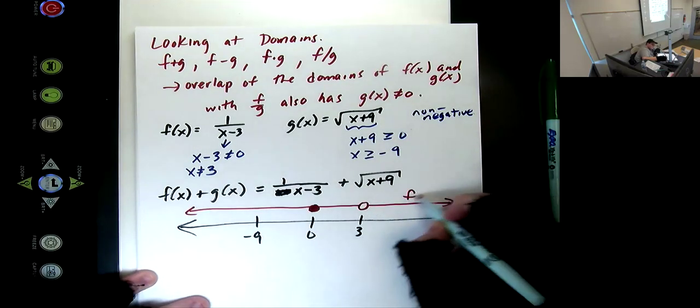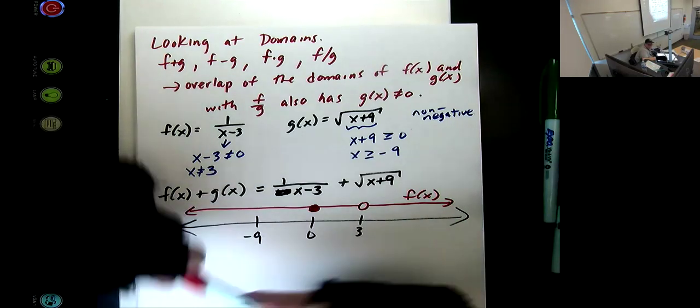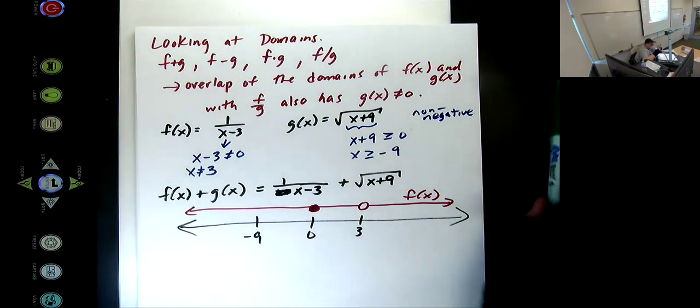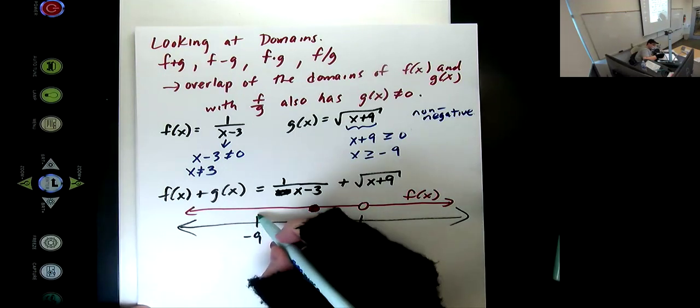So that's f of x. And g of x is greater than or equal to -9.